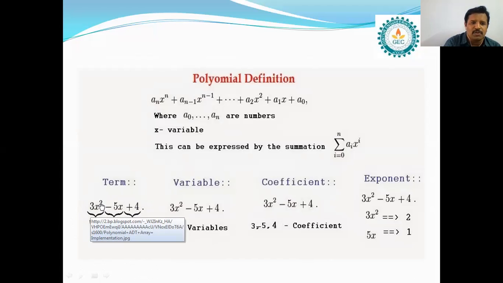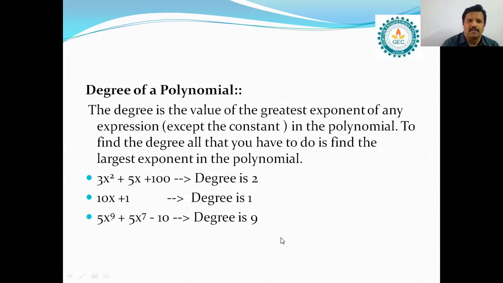In x square, 2 is the exponent; here x is nothing but x power 1, and the 1 is the exponent. Right? So this is the combination of the polynomial expression. This is how we can represent the polynomial expression.